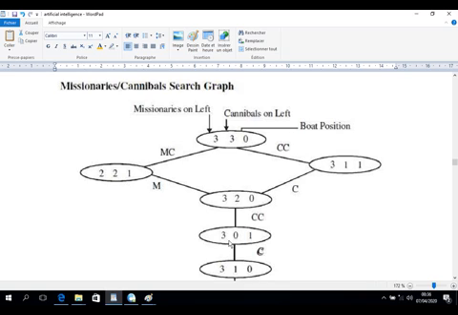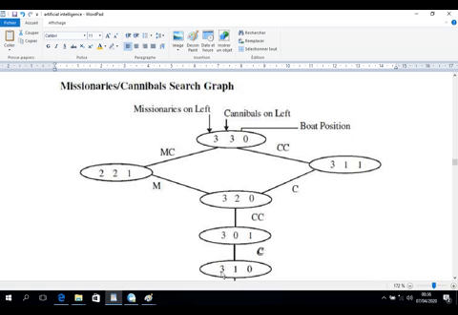Now there are 3 missionaries left. Now in the fourth trip, and then you see the position of the boat on the other side. Now we bring back 1 cannibal.